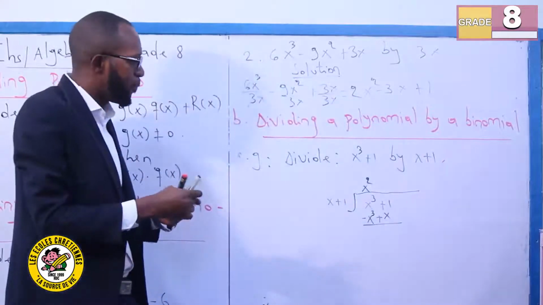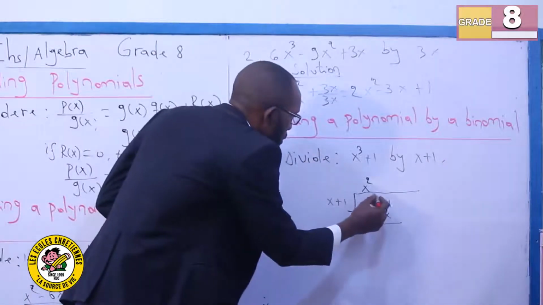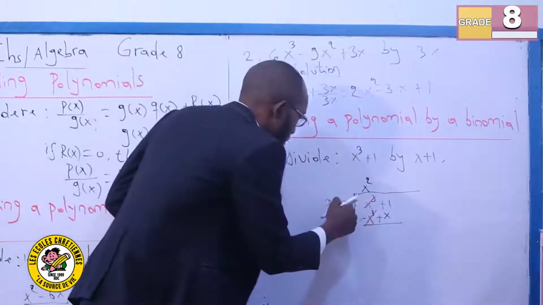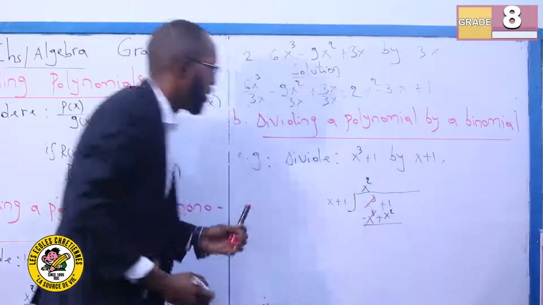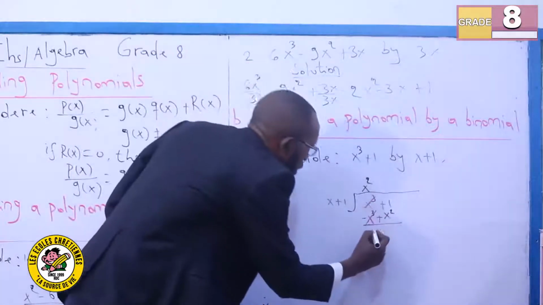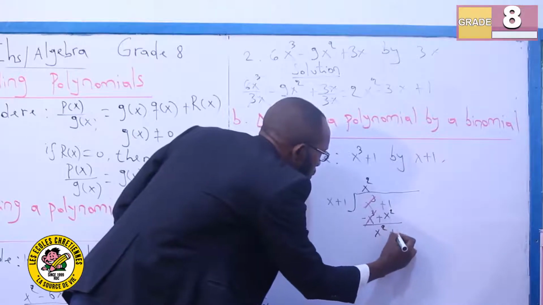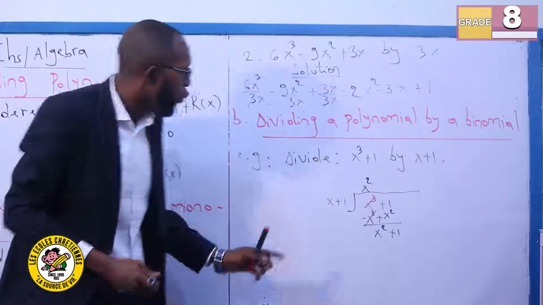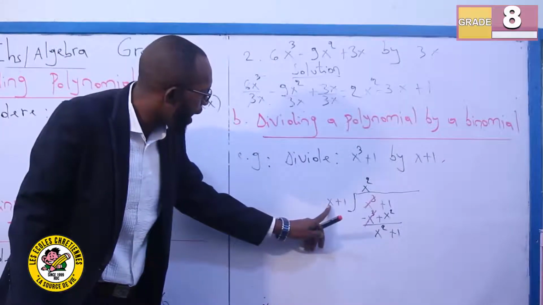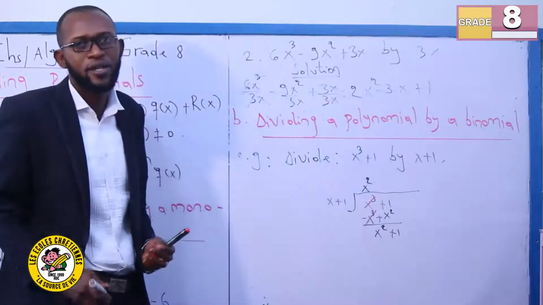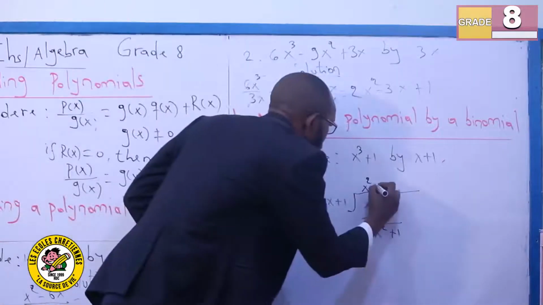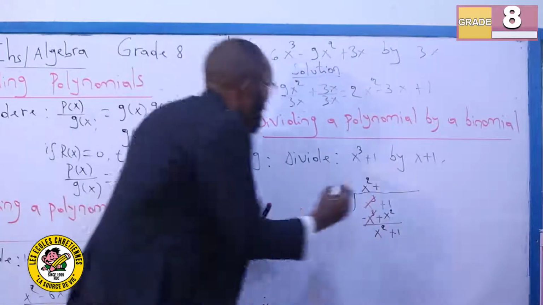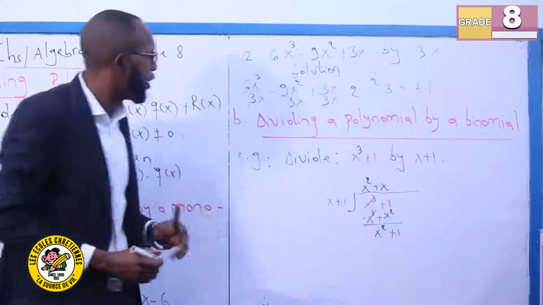Now we multiply x squared times x plus 1, it will be x cubed plus x squared. Now we can simplify x cubed and minus x cubed. Don't forget that x squared times 1 is x squared. Now we add, and we put here plus 1. Now we don't want to have x squared. Which term can I multiply by x to have x squared? It is x. So I put plus x.